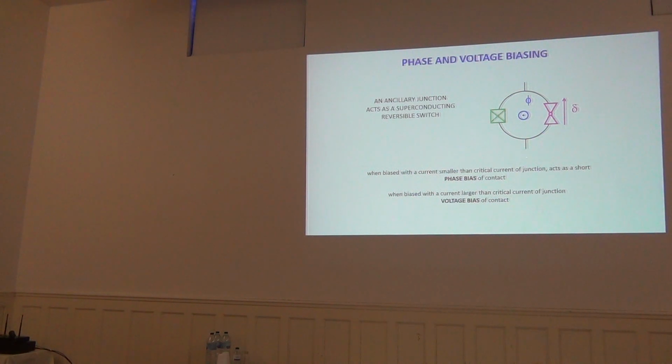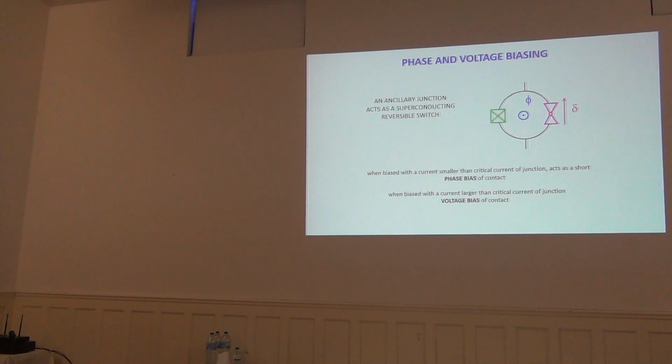If the current that we apply is smaller than the critical current of this junction, it is just like a short. This is like a cable, and all the current goes through this weak link.